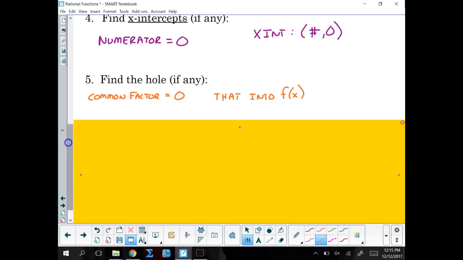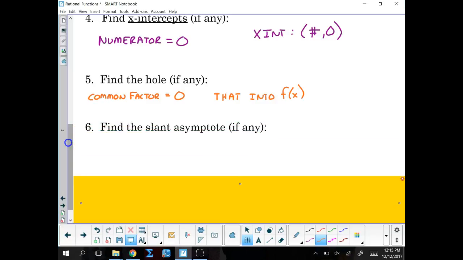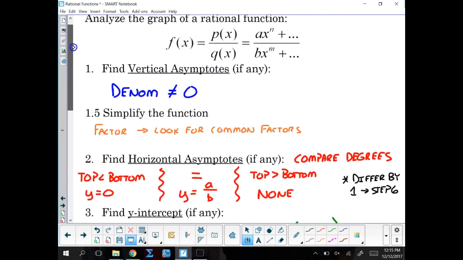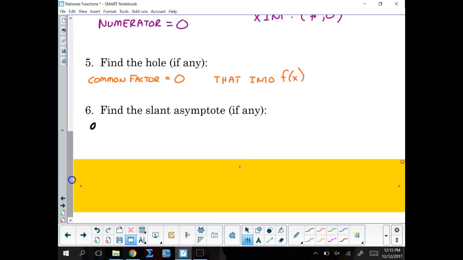Find more points. Slant asymptote now, if there's any. So this would be in that degrees differ by 1 case. How do I find the slant asymptote? Actually, I've got to go back here. Remember, P of X divided by Q of X. Actually do the division, either synthetically or long.